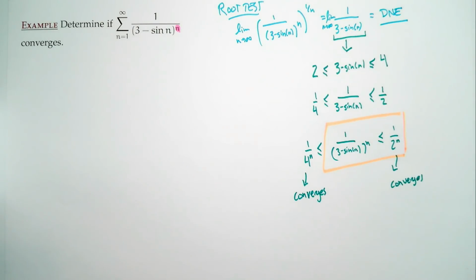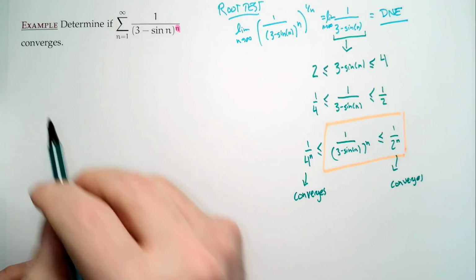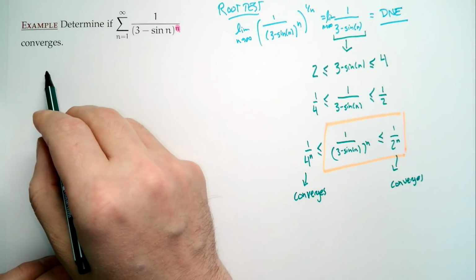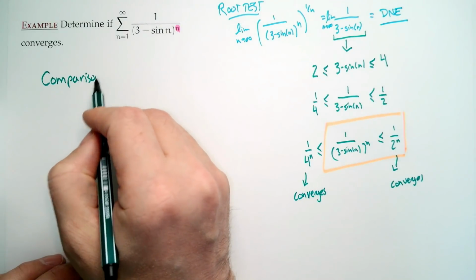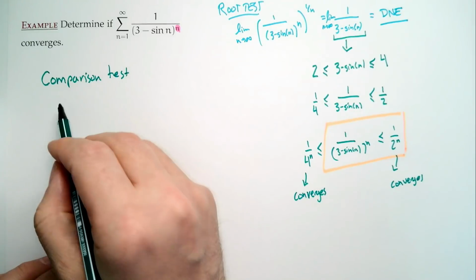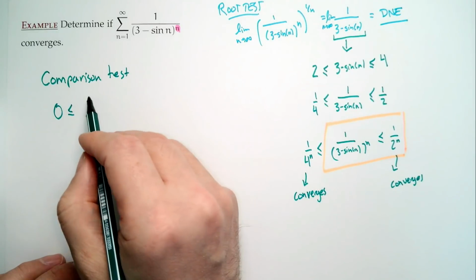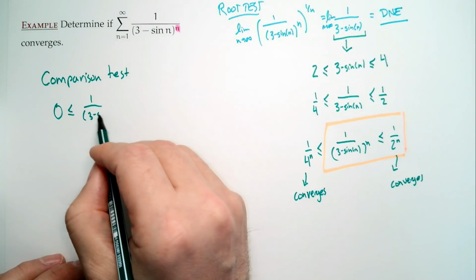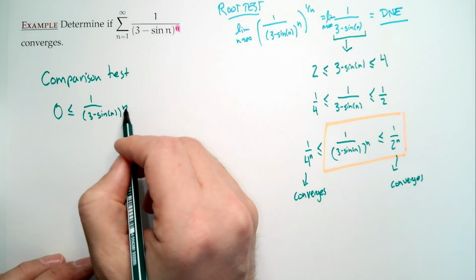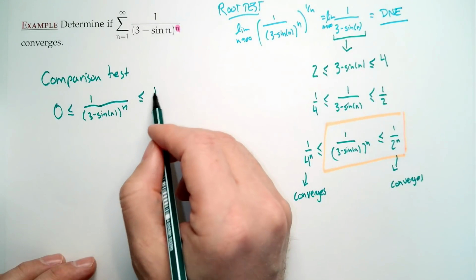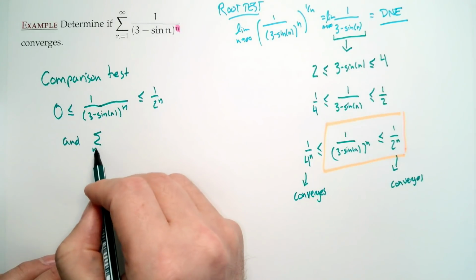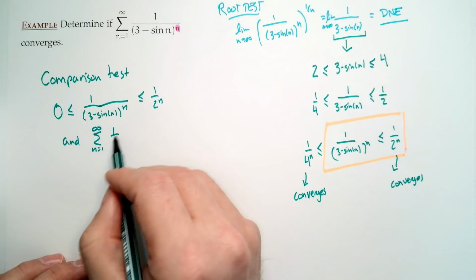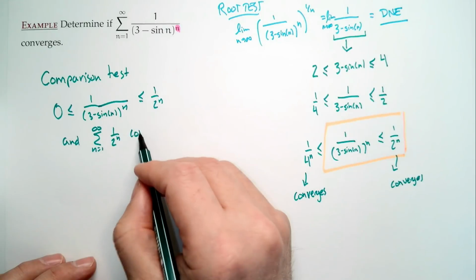We say, hey, here's the idea. In fact, we'll just try it over. Let's do a comparison test. So a comparison test says we have that 0 is below (1/3 minus sine of n) to the n, which is below 1/2 to the n, and the summation from 1 to infinity of 1/2 to the n converges because it's geometric.